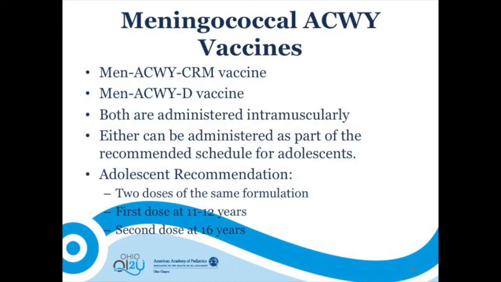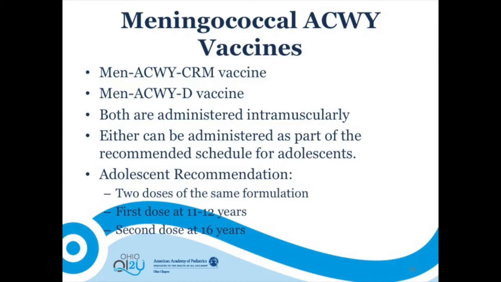Next slide. So we're going to look first at these meningococcal ACWY vaccines. There are two of them that differ in terms of the type of protein conjugate they have. So there's the MenACWY-CRM vaccine. The CRM is the protein conjugate.